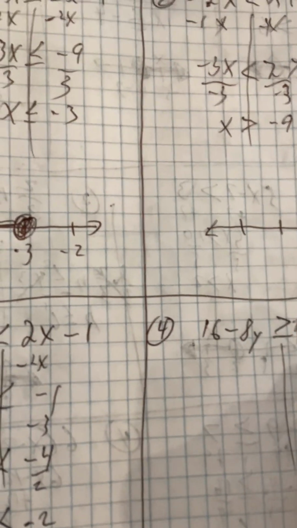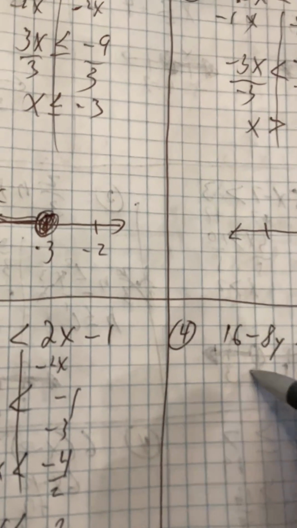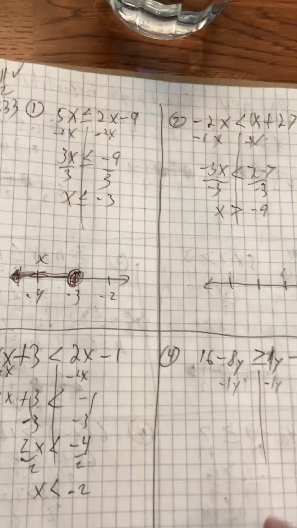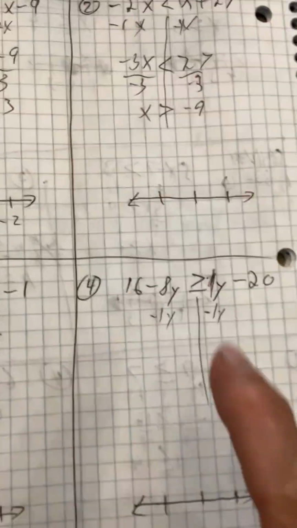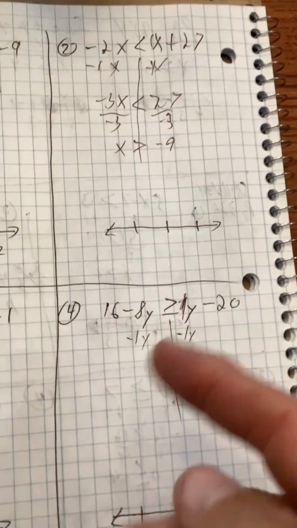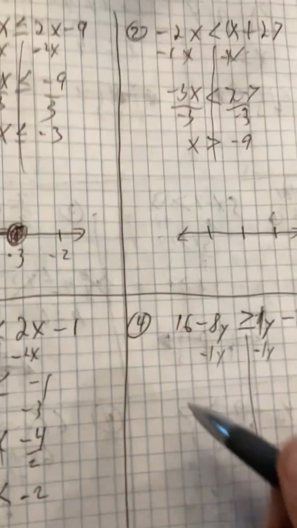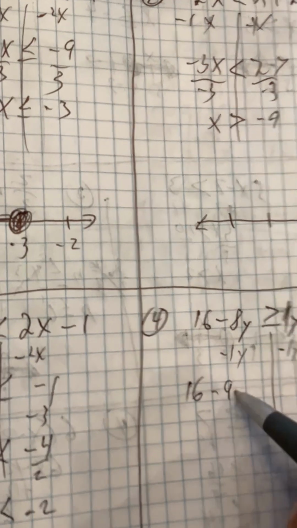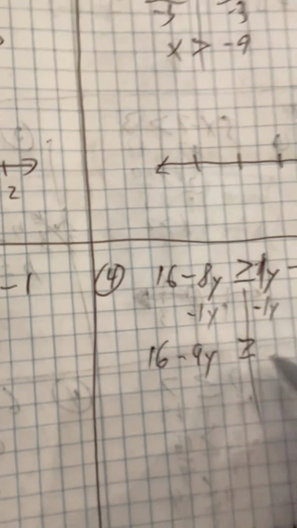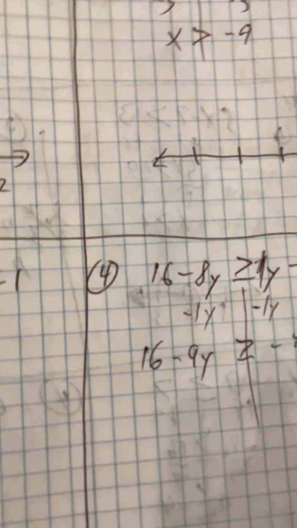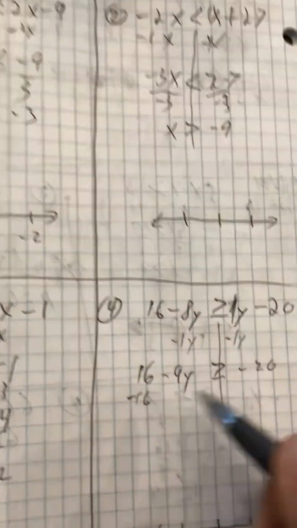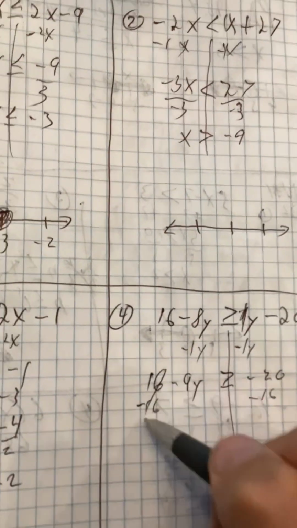I'm going to get my variables on the left-hand side. When it's inequalities, I always move on the left. And with equations, you could just always put on the left. Okay, that's fine. Bad guys and bad guys, that's a lot of bad guys. Adding and subtracting never flips the arrow. Right, now I'm going to subtract 16 from both sides.